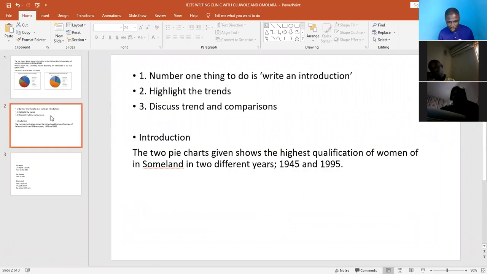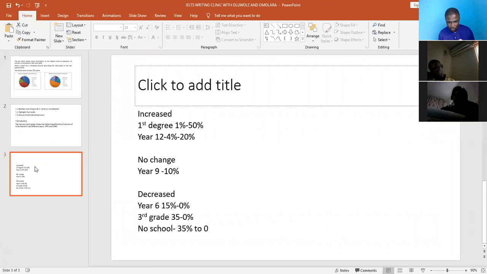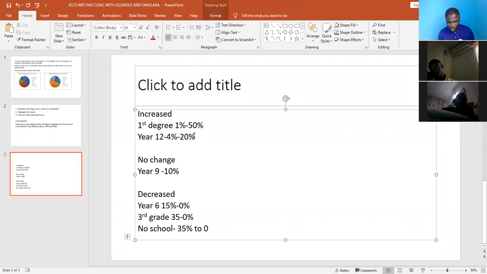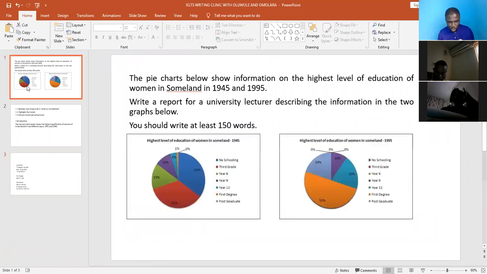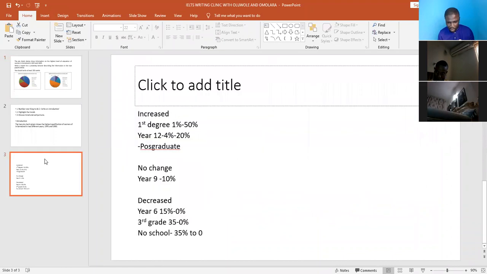So what am I missing? Where did I miss it? Yes, postgraduates. I know. I missed postgraduate. Let me see what happened to them. Postgraduate 4%. I think I highlighted it. Maybe I didn't summarize it properly.